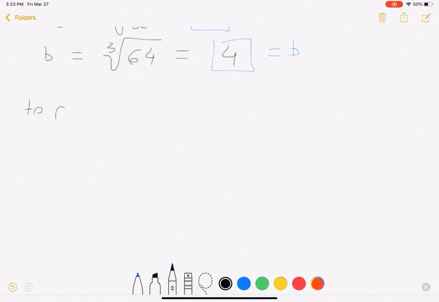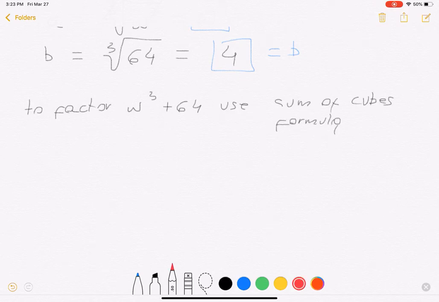So to factor w cubed plus 64, use sum of cubes formula. Okay, we should memorize that formula.